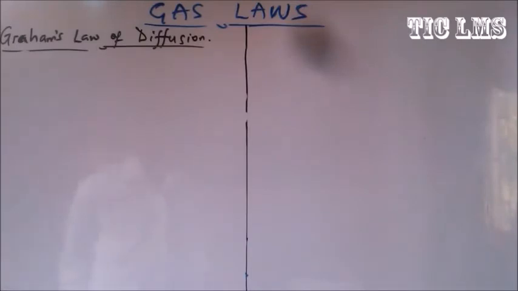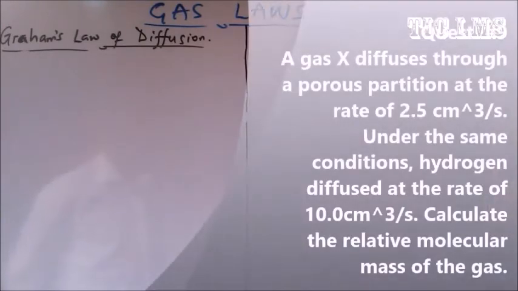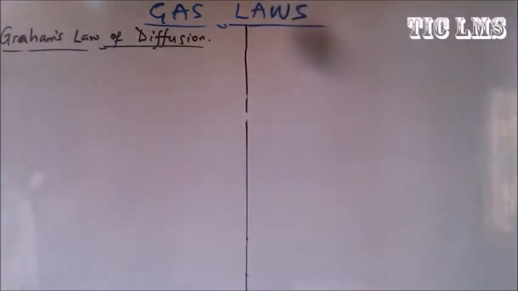Next question says a gas X diffused through a porous partition at the rate of 2.5 centimeter cube per second. Under the same conditions, hydrogen diffuses at the rate of 10.0 centimeter cube per second. Calculate the relative molecular mass of the gas, that is the gas which we do not know, X. Now we have to find the relative molecular mass of the gas.